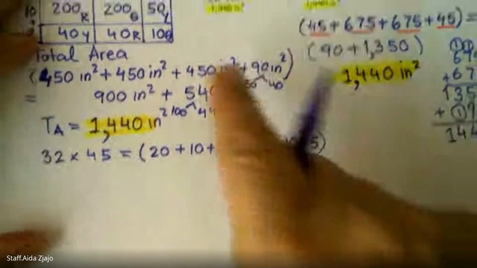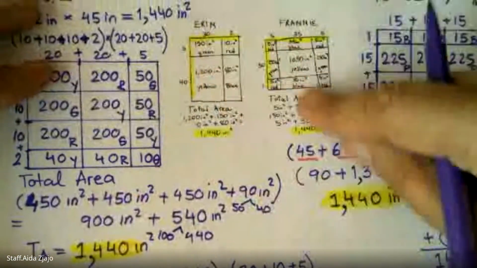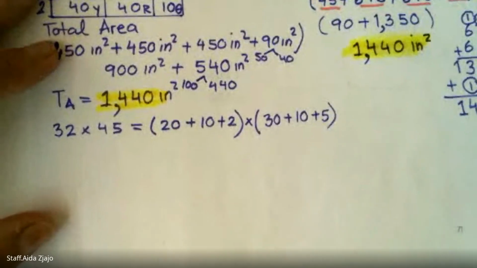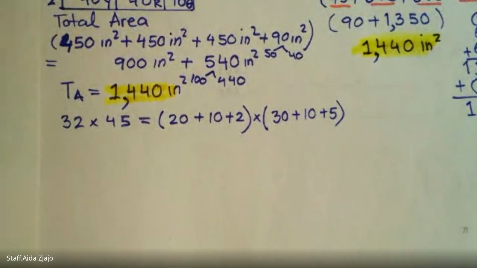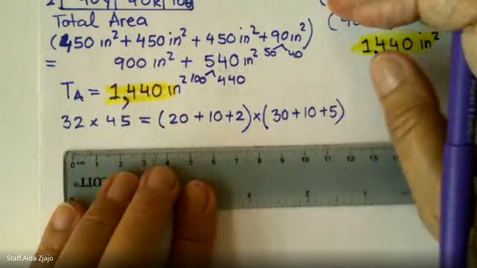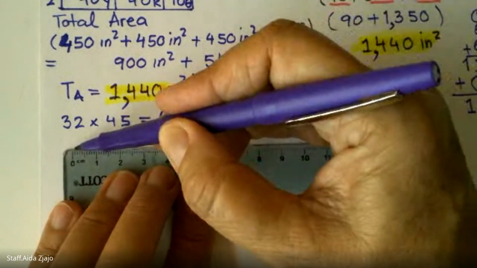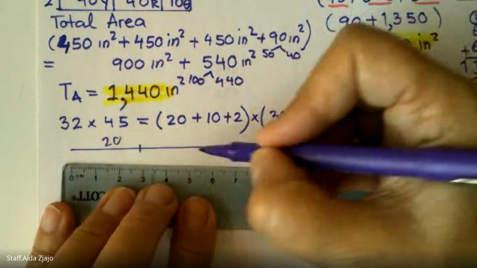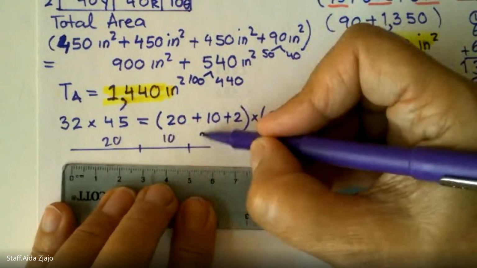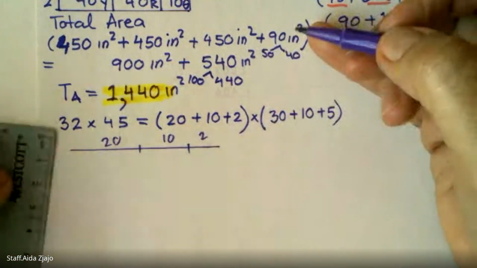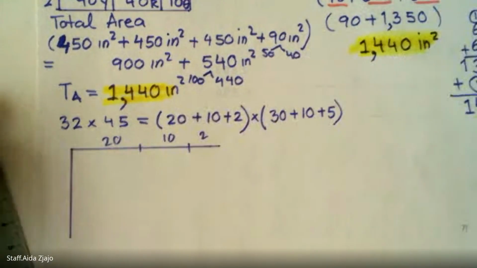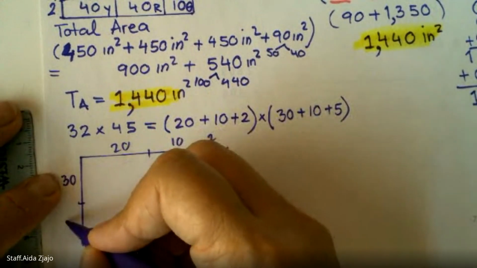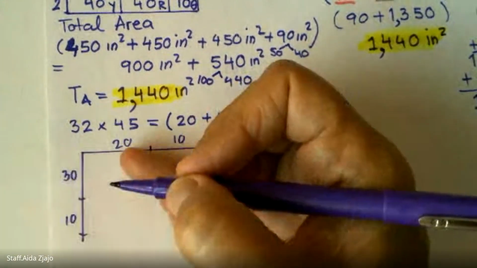So it's not the same as the girls did. So it's different. There's many more possibilities, guys. But I just did this. So let's see. If I have the area, okay, I can do 20 and 10 and 2, and then I can do down, okay, 30, 10 and 5.